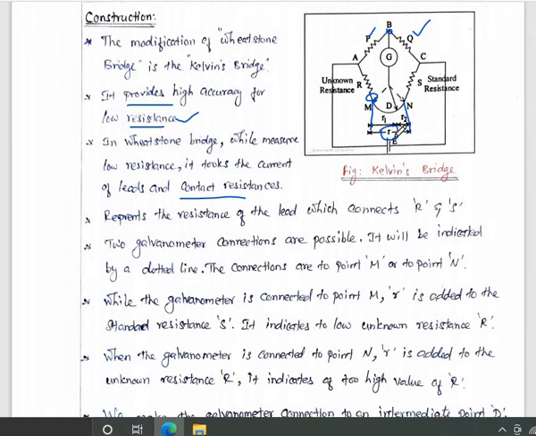That resistance value is small, represented here as a small r, and it is added to the standard resistance S. If you consider point M, you calculate the resistance value between A and M. It is the unknown resistance value, and all of these resistances, that small resistance r and S, will be added because they are in series.